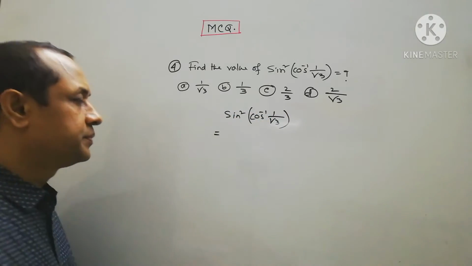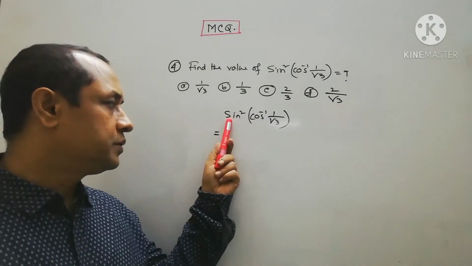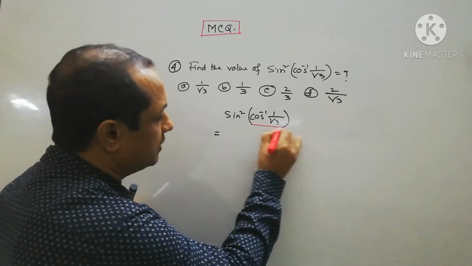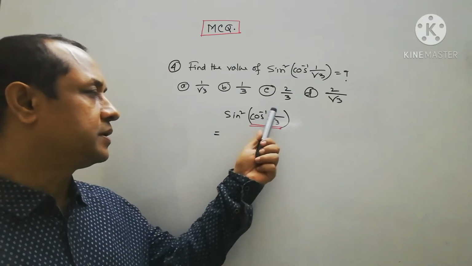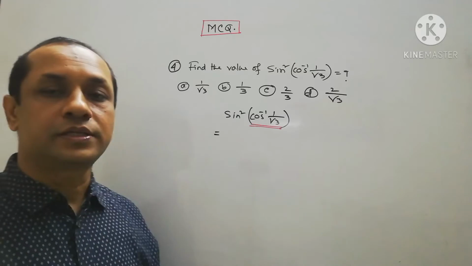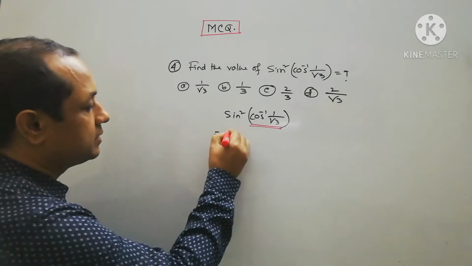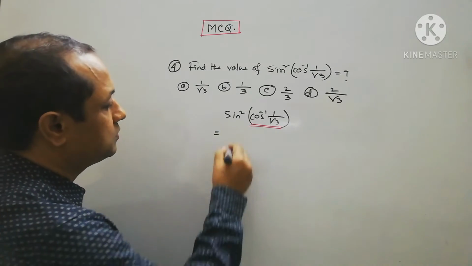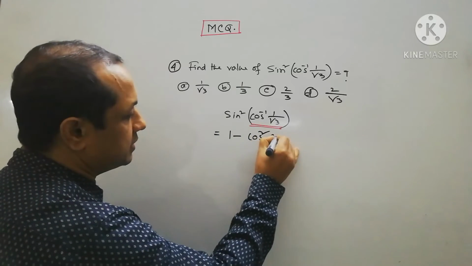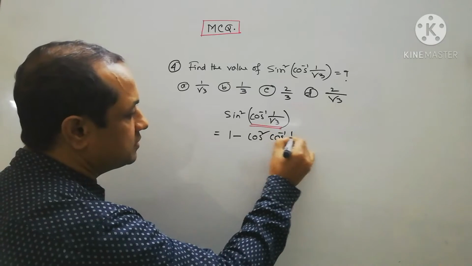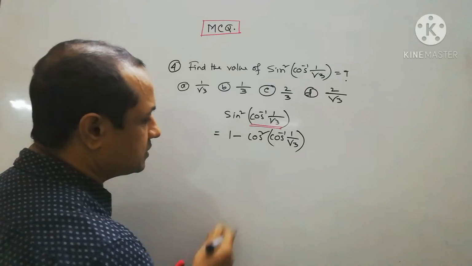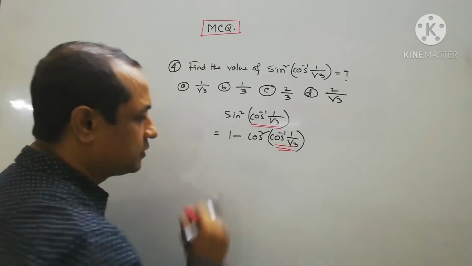We know that sine square theta, here considering cos inverse 1 by root 3 as theta. So we know that sine square theta equals 1 minus cos square theta. Here theta is cos inverse 1 by root 3.